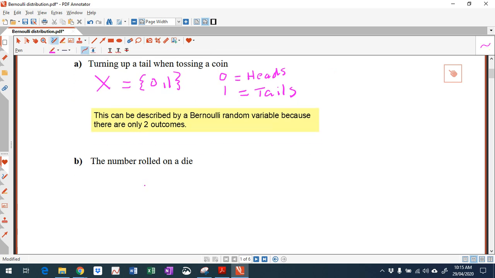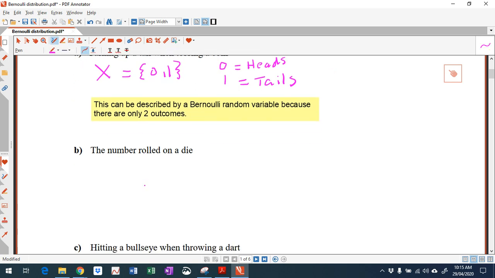Okay, what about the numbers rolling on a die? This would be quite straightforward to write down. There's only 6 possibilities in there. So 1, 2, 3, 4, 5, 6.